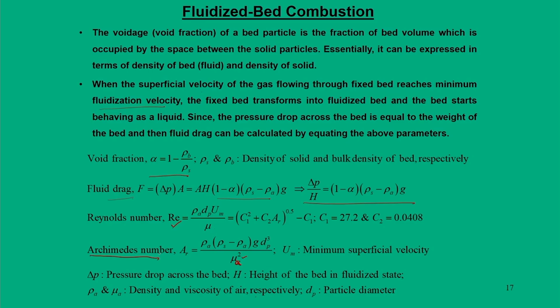So, this Re and Archimedes number for the fluidized states can be represented by these equations. Essentially Re is equal to the square root of (C1 squared plus C2 into Ar) minus C1. C1 and C2 are fixed numbers, and this relation helps us to find out the fluidization velocity or minimum superficial velocity which is required to obtain this fluidized state.